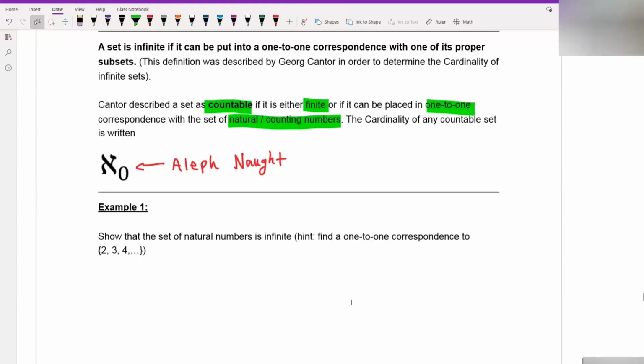Now, example number one: show that the set of natural numbers is infinite. Just for this hint, what that means is we have to find a one-to-one correspondence to, for example, this set starting with 2, 3, 4.